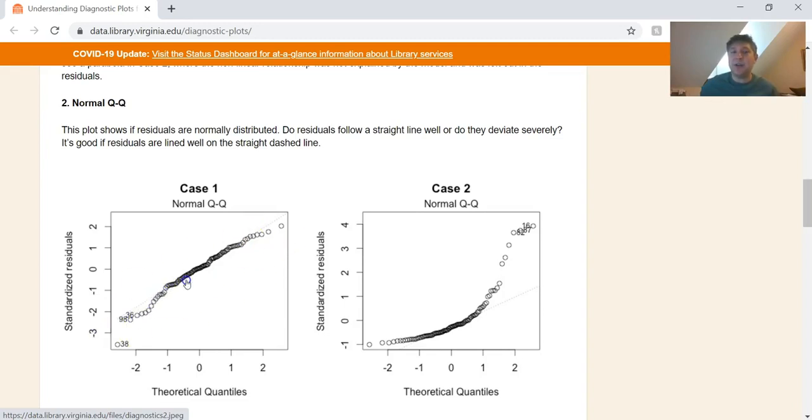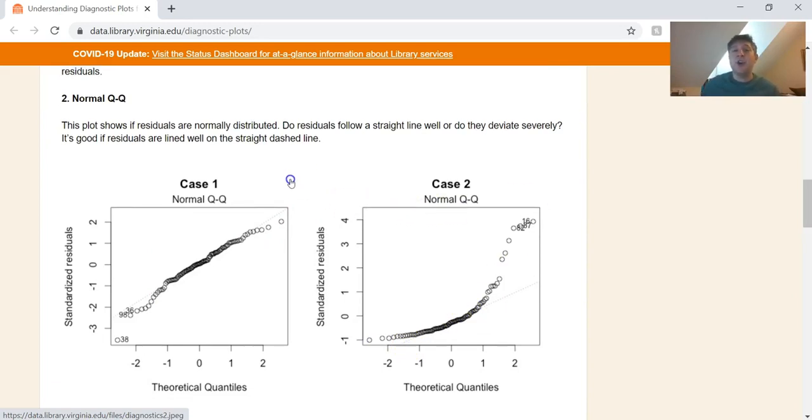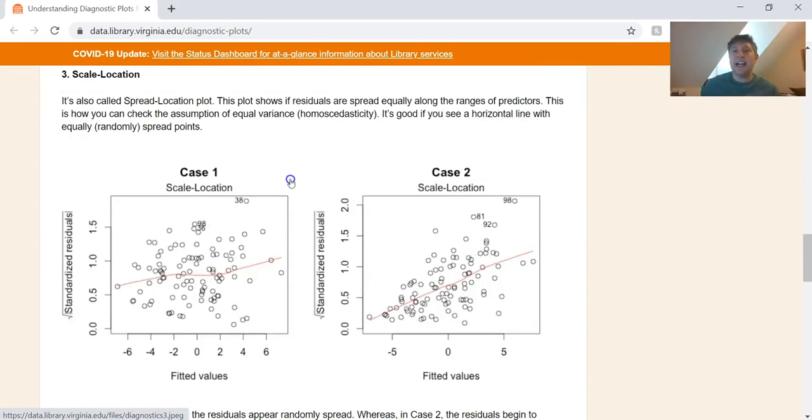Notice that these dots all fall along that 45-degree line, which seems to suggest that the normality assumption has been met, while these veer far from the line, which would suggest the normality assumption has not been met.